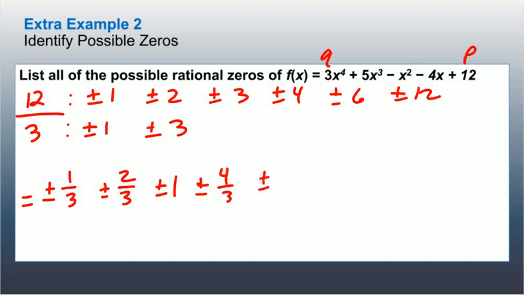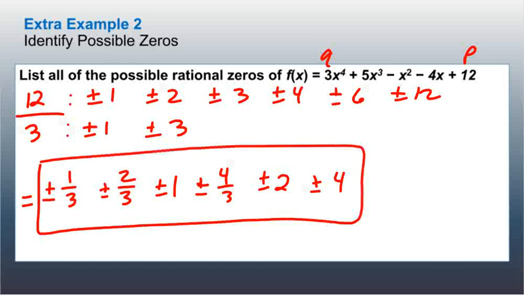We have positive and negative 2, because 6 divided by 3 is 2. We have positive and negative 4, because 12 divided by 3 is 4. Let's see, we had 2, we have 4/3, 3. So those would be all the possible solutions we have.